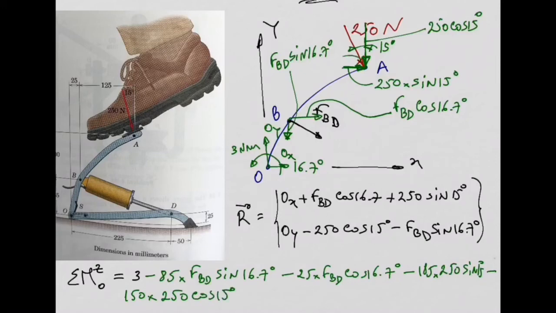And the last one I need to consider is this component here. Again, the moment is going to be clockwise, negative. Oh yeah, I've already done this. Sorry. So that's it. These are all the moments we have about point O.